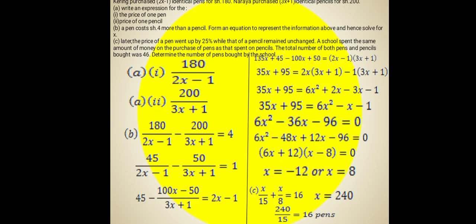Now solving, we get that x is 240. That's the amount spent to purchase either pens or pencils. Now dividing that amount by the price per pen, which is 15, we get that the school bought 16 pens.